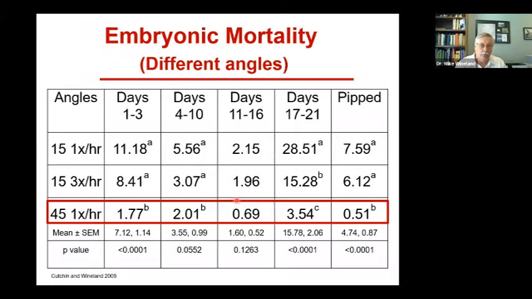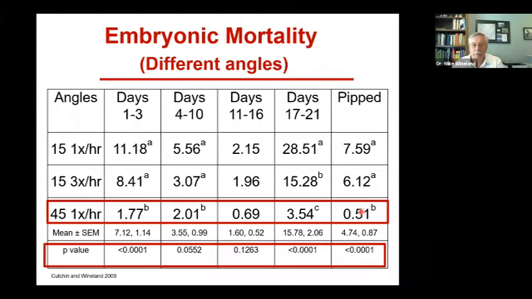Okay, she looked at what the differences in embryonic mortality were at the different turnings. Here you can see her embryonic mortality for days 1 to 3, 4 to 10, 11 to 16, 17 to 21, and then pips. You can see here when they were turned at 45 one time per hour, pretty reasonable.